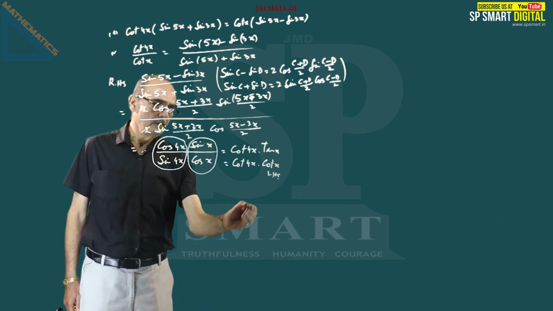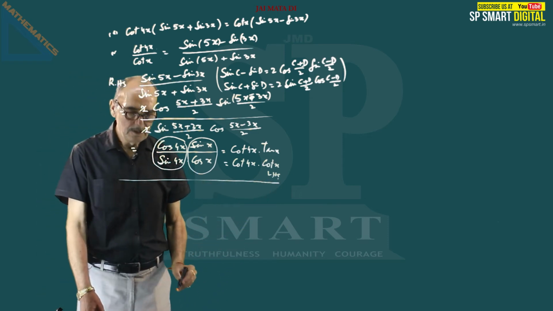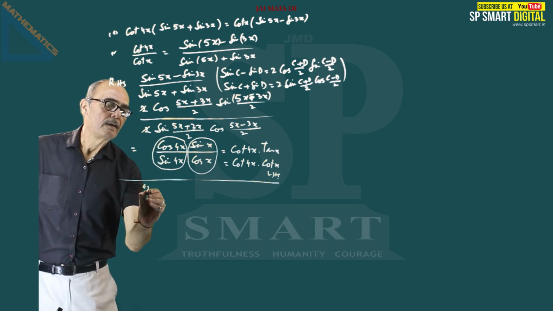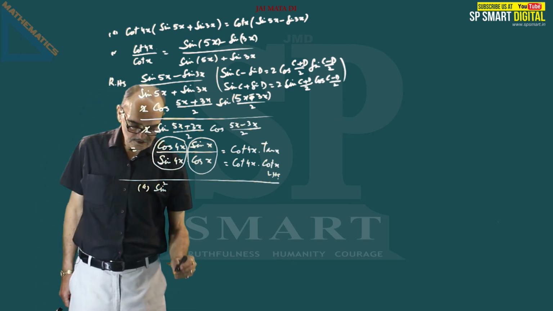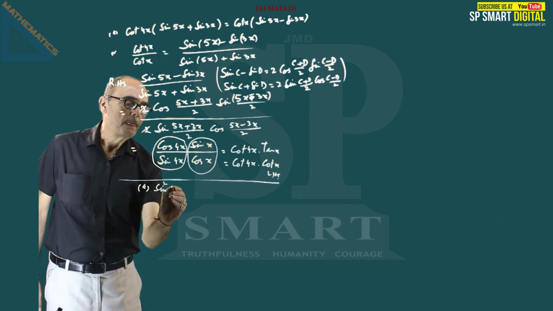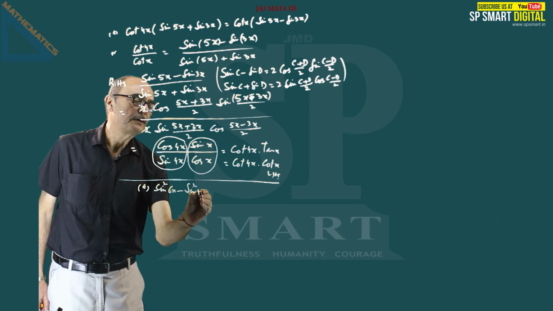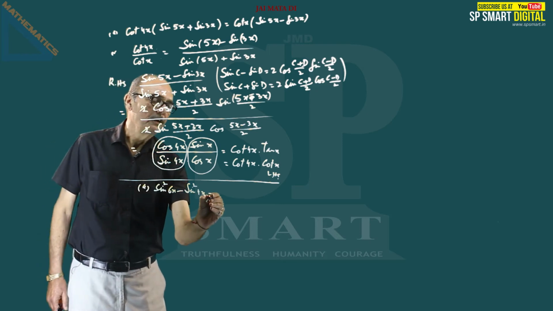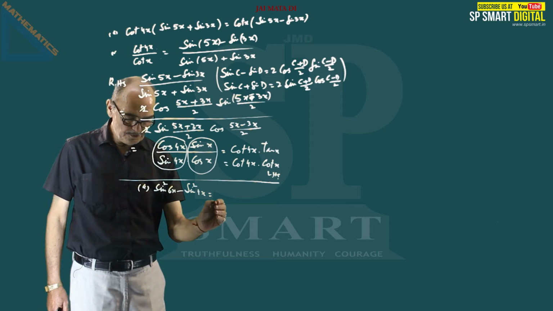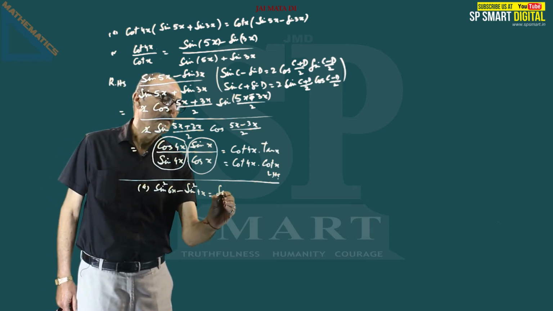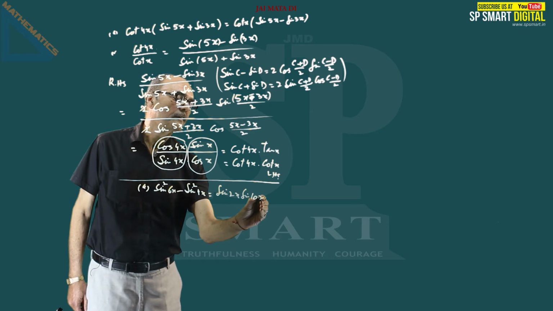Next we have a problem like this: sine square 6x minus sine square 4x equal to sine 2x sine of 10x.